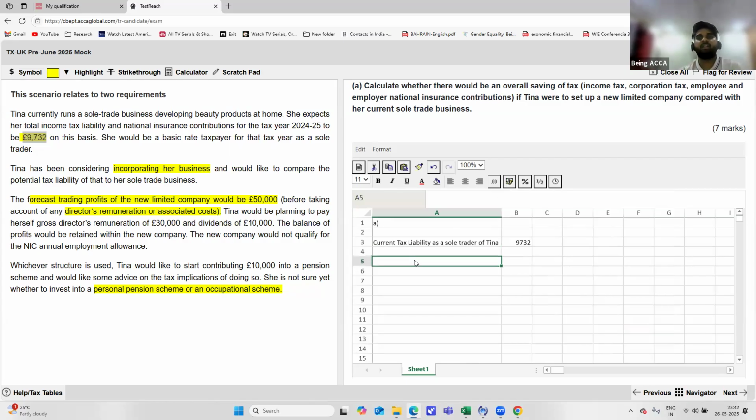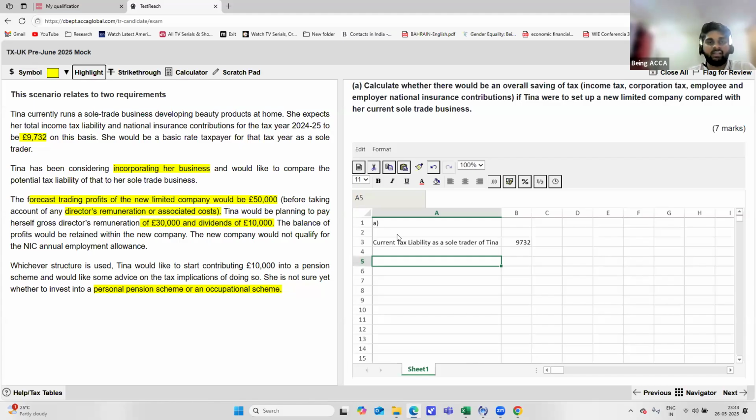Now let's identify what the taxation would be if she incorporates. The company will have profits of 50,000, and Tina will be getting a remuneration of 30,000 and dividends of 10,000. That means she will have an income tax liability based on her employment income of 30,000 and the dividend income she will be getting.